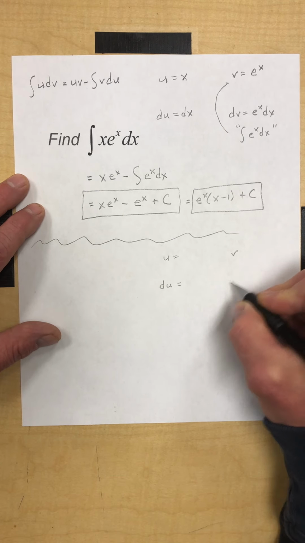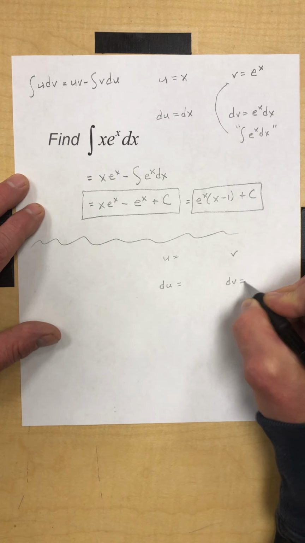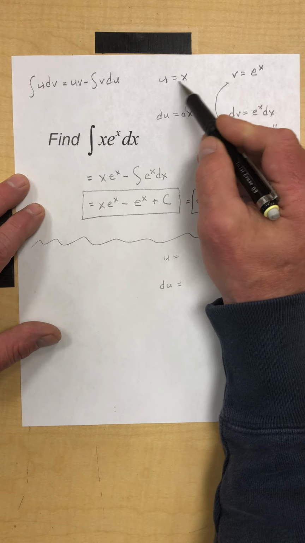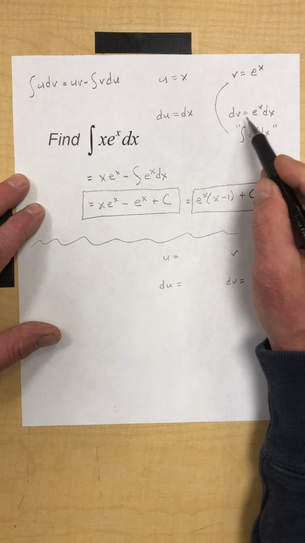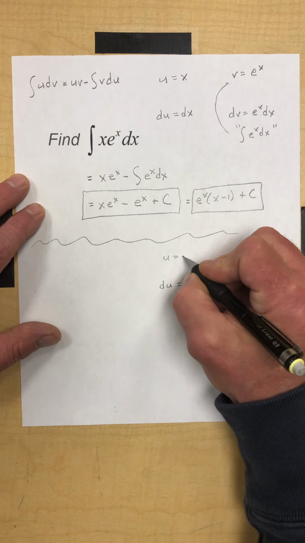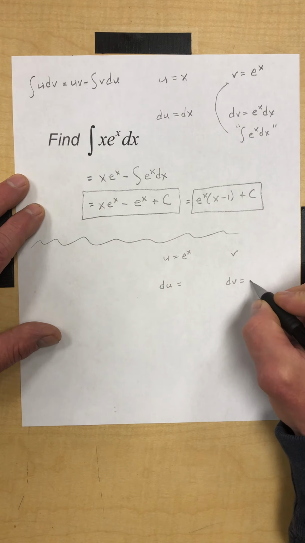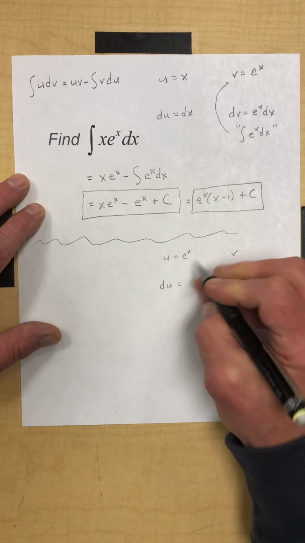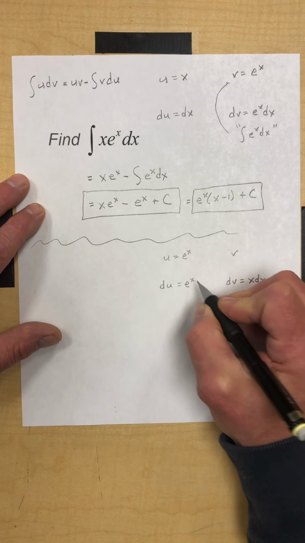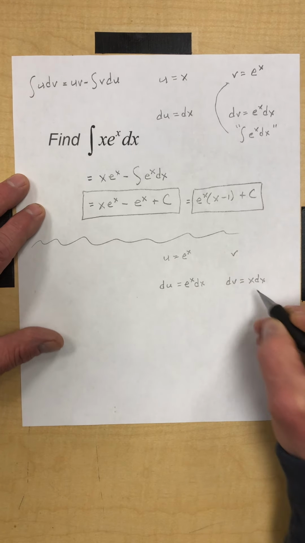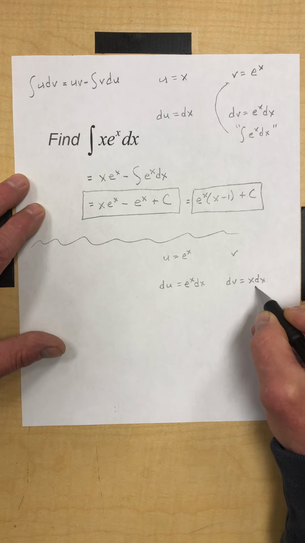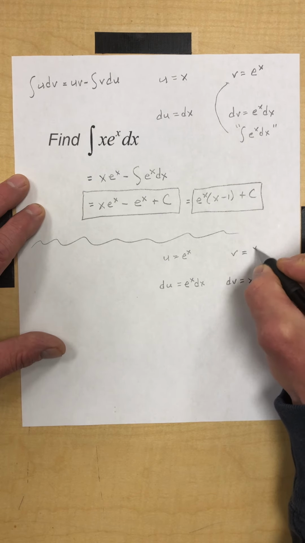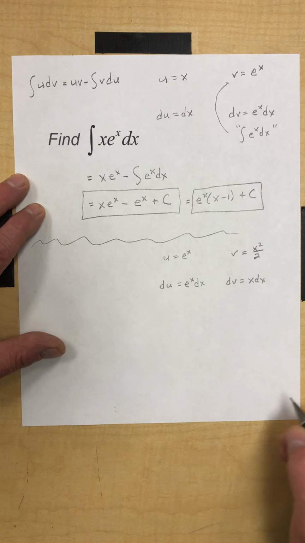Okay, why not let, if I switch the x for my u and my e to the x for my dv, and so I put e to the x here, and I put x dx here. So I take the derivative and I get e to the x dx. And then here I would have to integrate that guy to get back to v. So notice what happens is I would get x squared over 2.